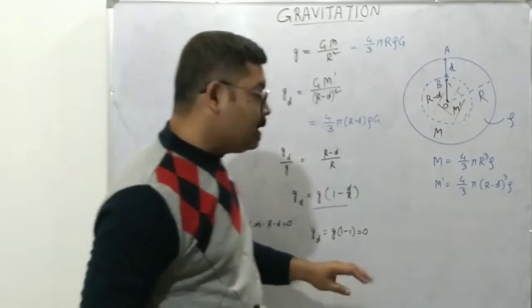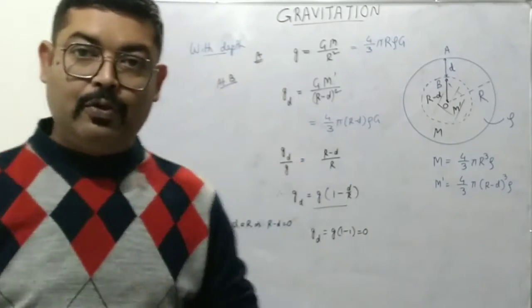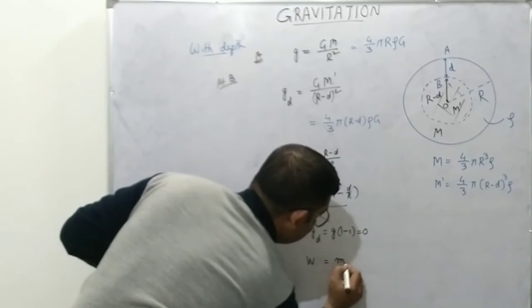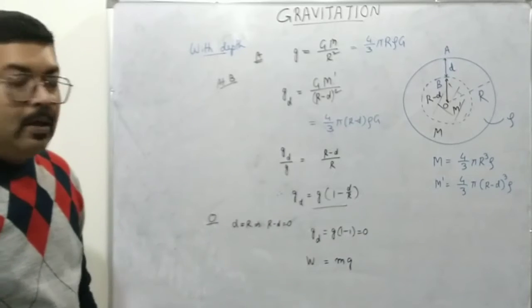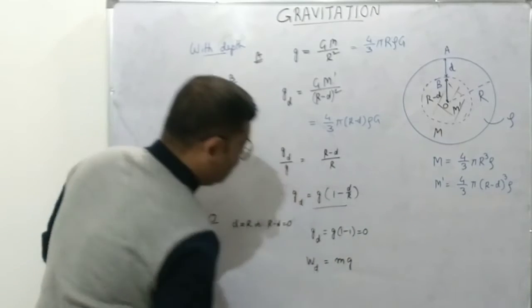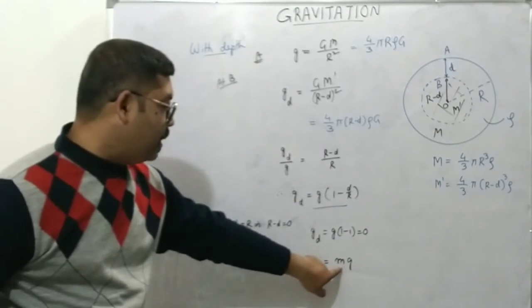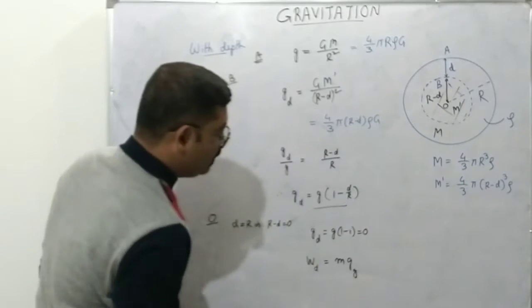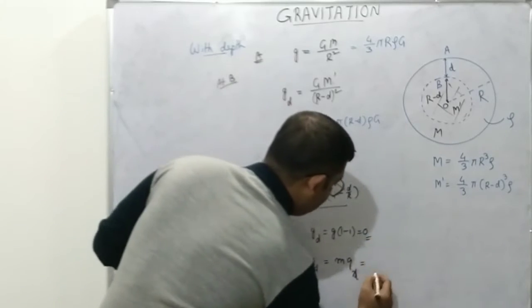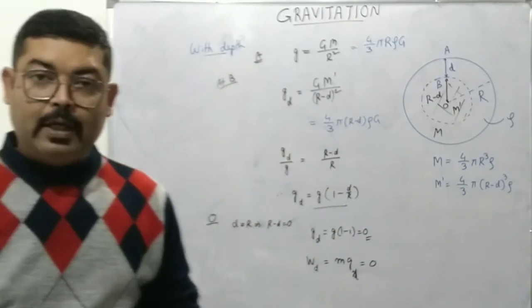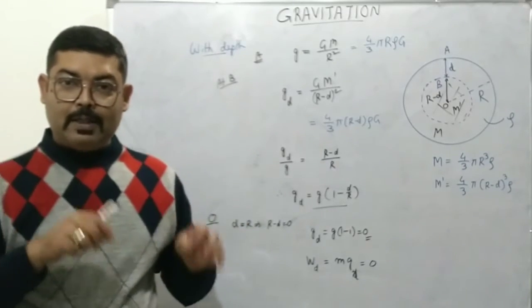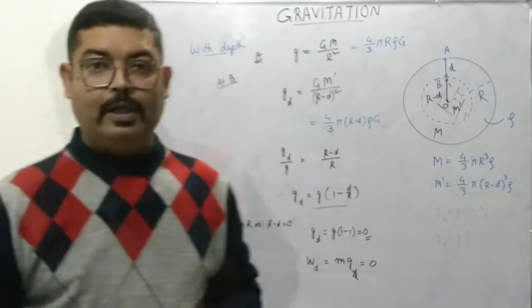Which means that at the center of the Earth there is no acceleration due to gravity. Now we know that weight of an object W is simply mass of the object multiplied by acceleration due to gravity. So at the center of the Earth, weight of an object of mass m will be m into g_d, which, since g_d is 0, must be equal to 0. So an object at the center of the Earth will be weightless. The object placed at the center of the Earth will feel no weight.